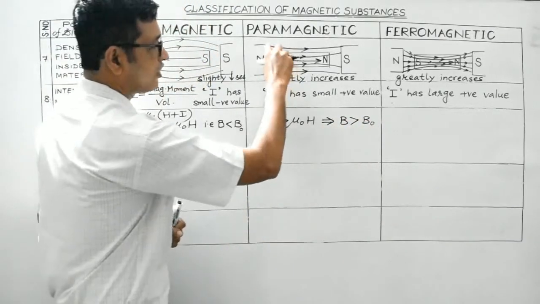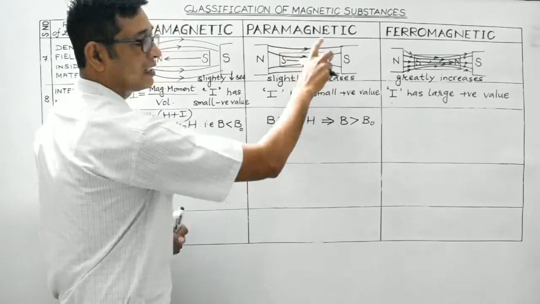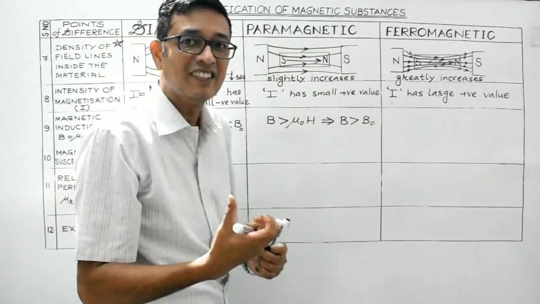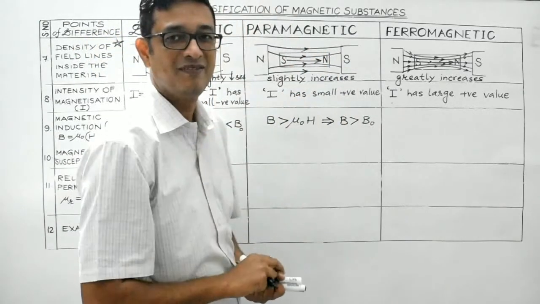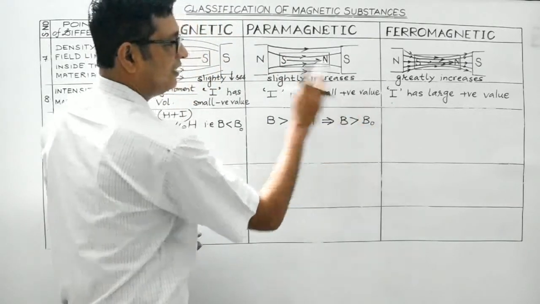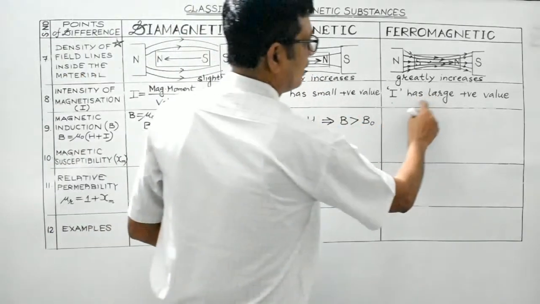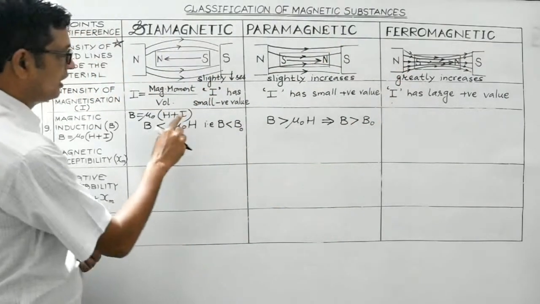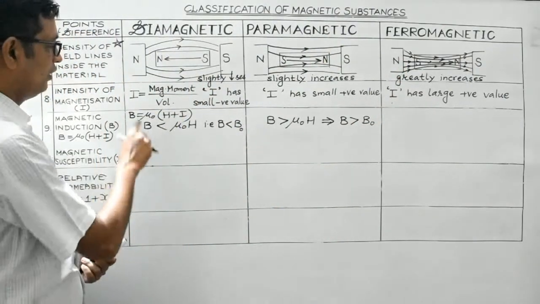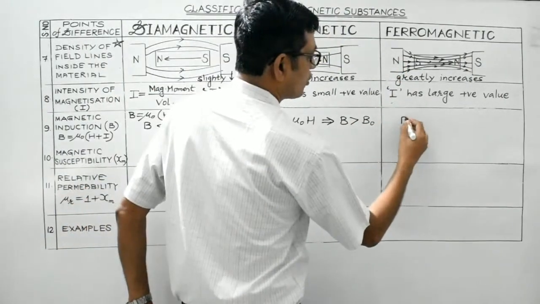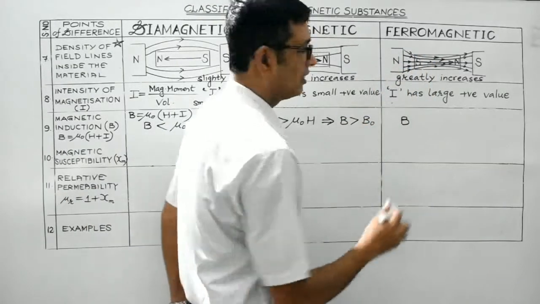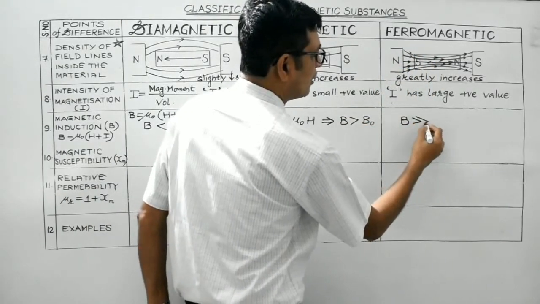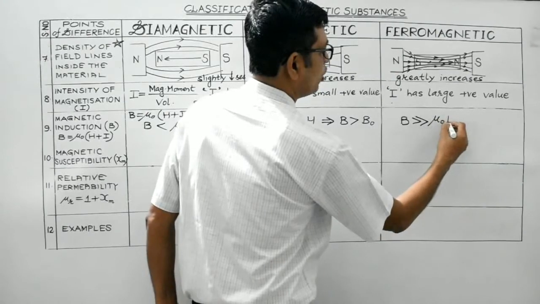So the magnetic induction inside the material of the paramagnetic substance is slightly greater than that in vacuum, right? So B is slightly greater than B naught. Over here I has got large positive value. So magnetic induction inside the ferromagnetic material must be very, very large as compared to mu naught H.